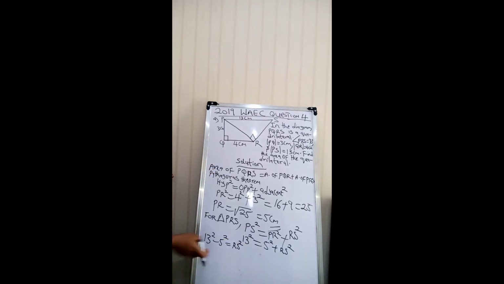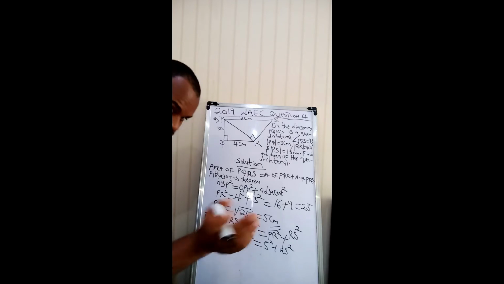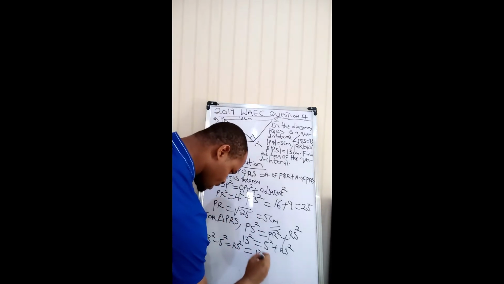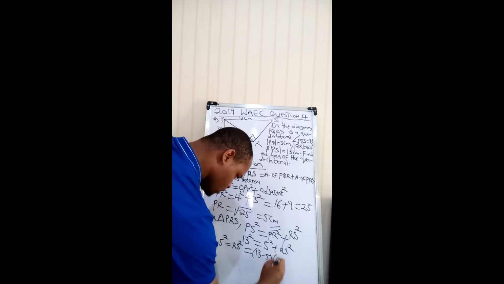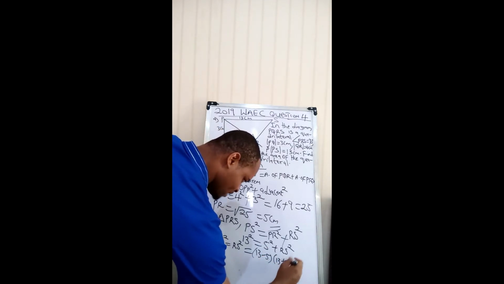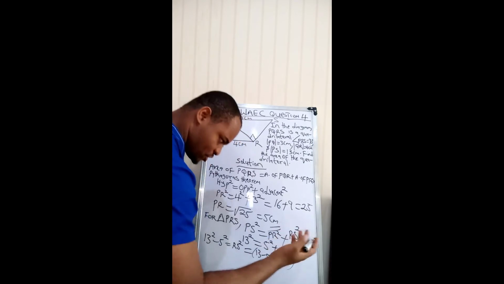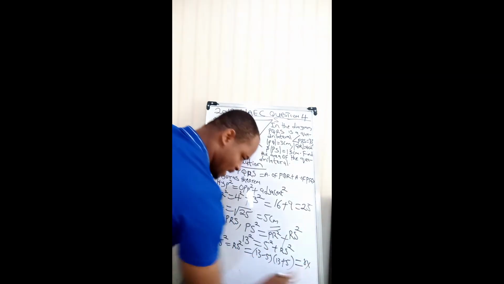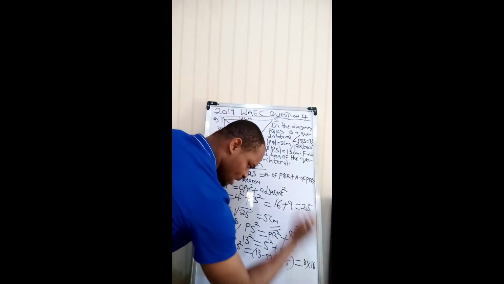Now 13 squared minus 5 squared, if you don't have a calculator, you do difference of 2 squares, because we've done that in one of our previous classes. This will give me 13 minus 5 into 13 plus 5. That's how to use difference of 2 squares in case you don't have a calculator. And this will give me 13 minus 5 is 8, times 13 plus 5 is 18.